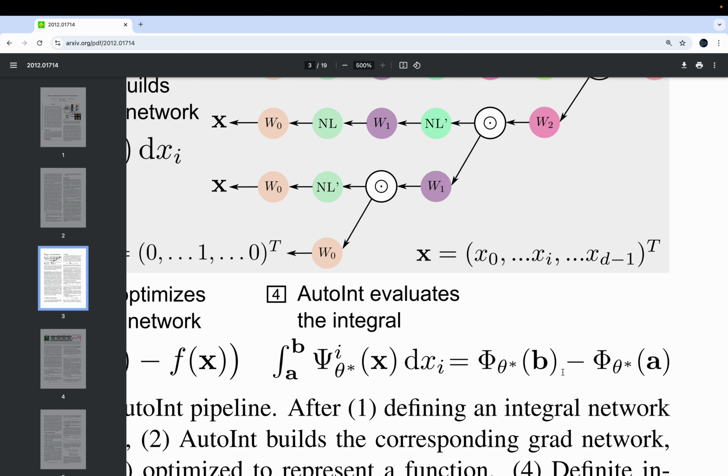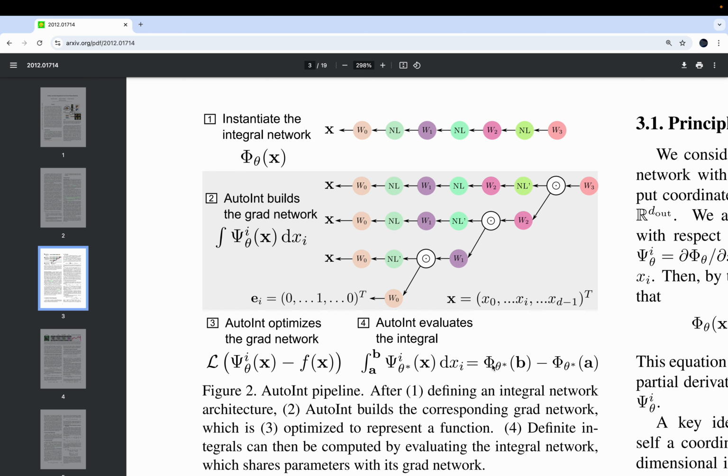At inference time it makes sense, but during training we cannot supervise this function directly, so we need to supervise psi. As psi is the derivative of phi, we can compute it easily using automatic differentiation programs, which is usually what we use when we train neural networks. So the idea is to model the integral network phi, and then build the grad network by just differentiating it.